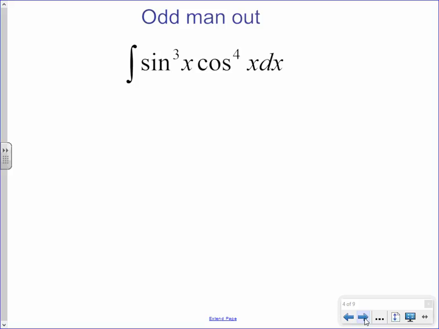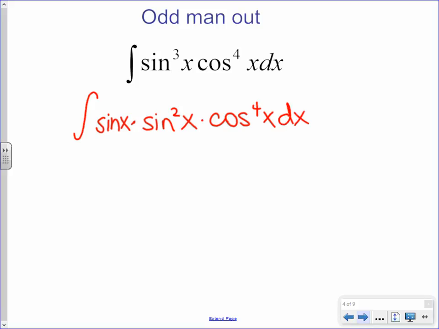Who is odd? Sine. So whoever is odd, we're going to break it up into a power of 1 times an even power. So in this case, sine times sine squared. So we have the power of 1 times whatever else.